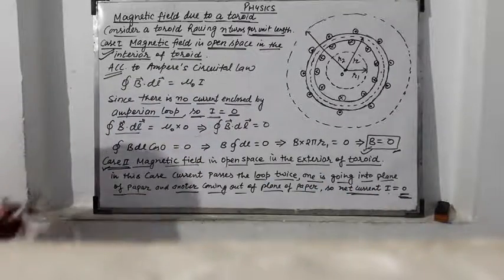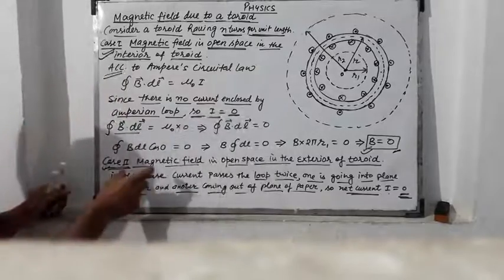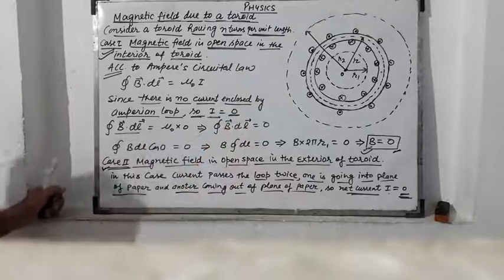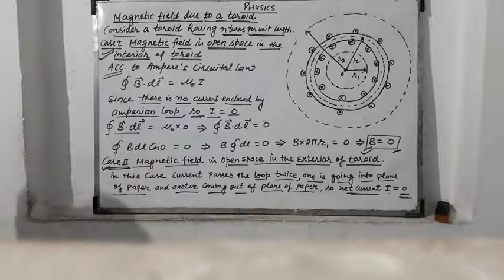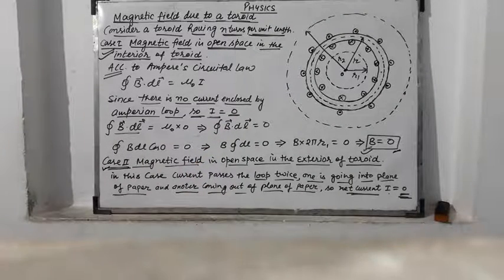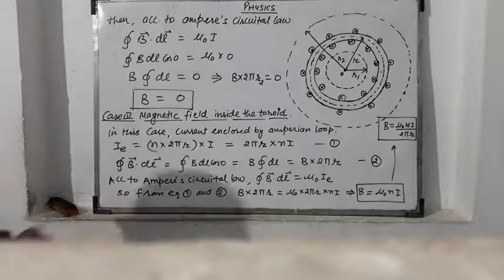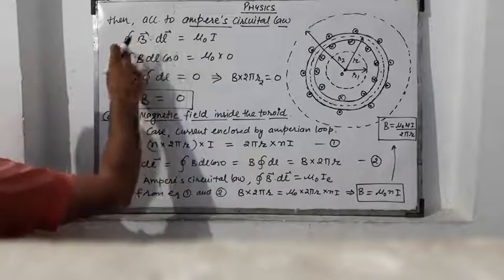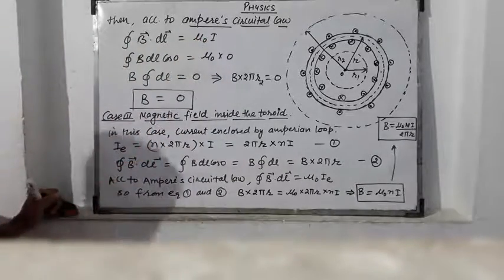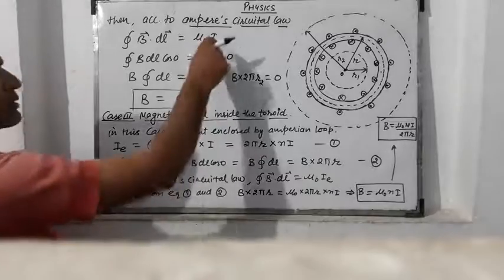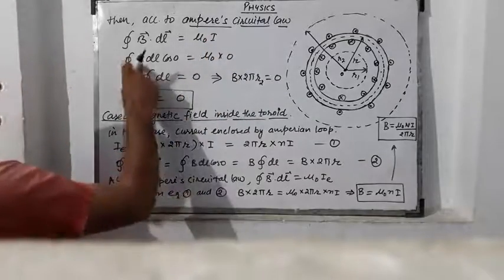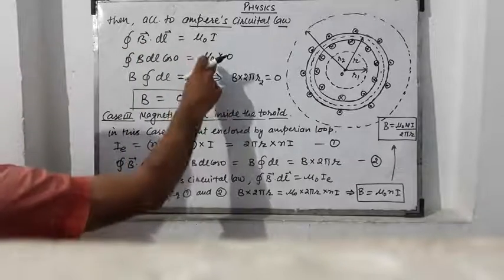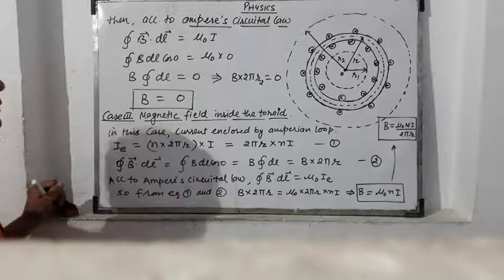Once again, the net current in the case of open space in the exterior of the toroid is 0. Then, according to Ampere's Circuital Law, the line integral of B dot dl is equal to mu naught I. But the current is 0, so B dl cos 0, because B and dl are in the same direction, is equal to mu naught into 0.